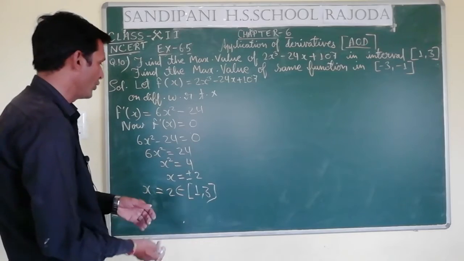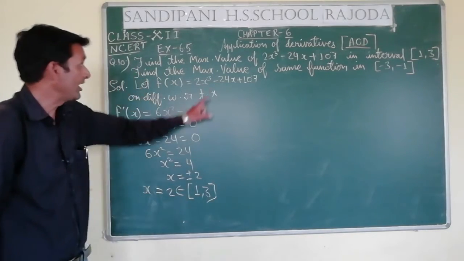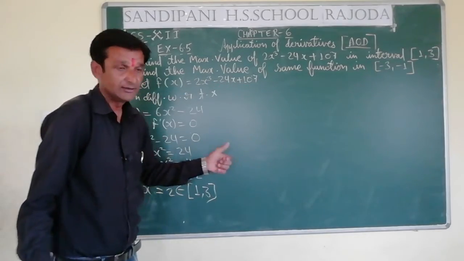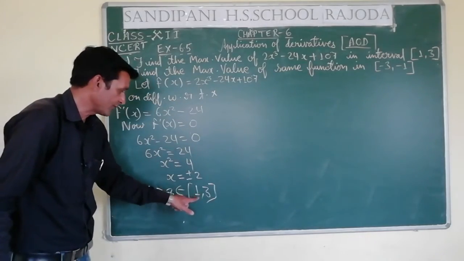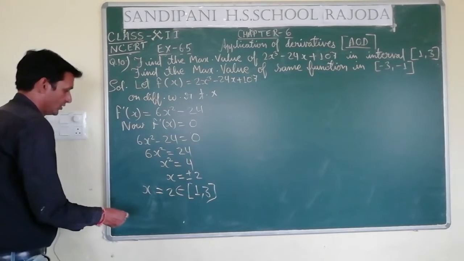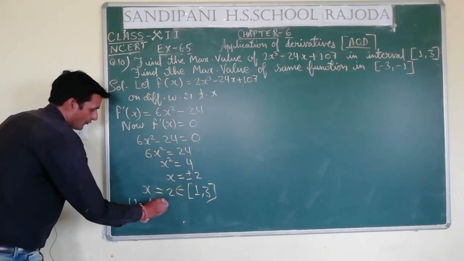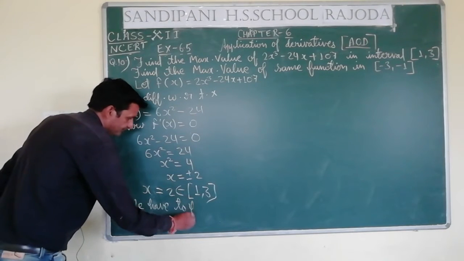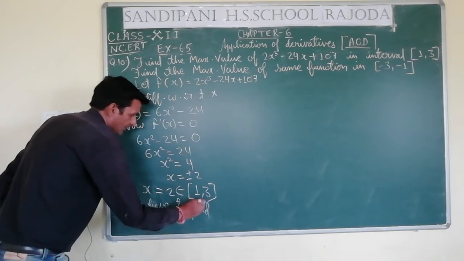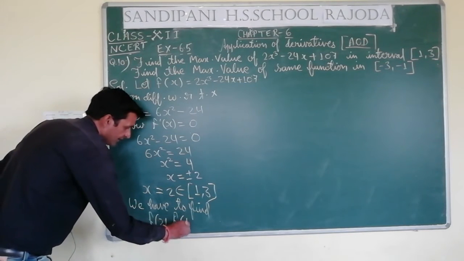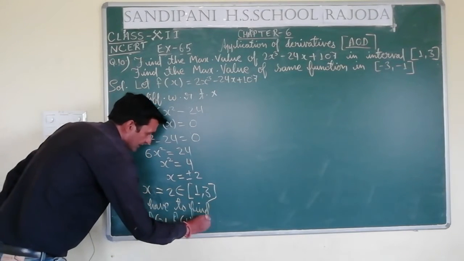So we can find the value of this given function at which points? At 2, at 1, and at 3 also. We have to find f(2), f(1) and f(3).